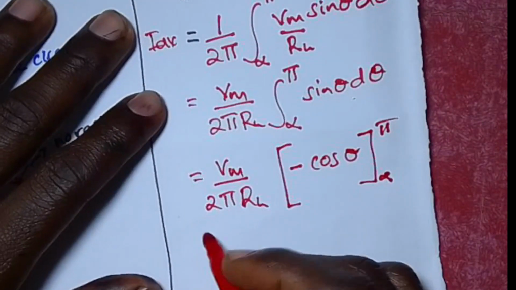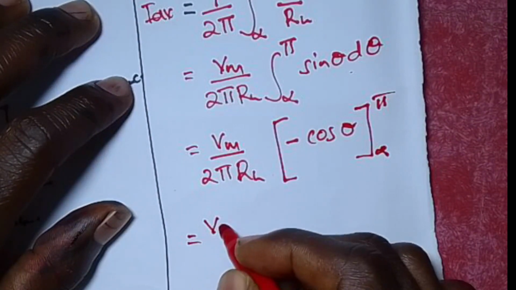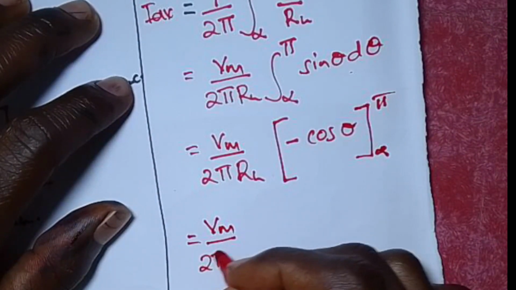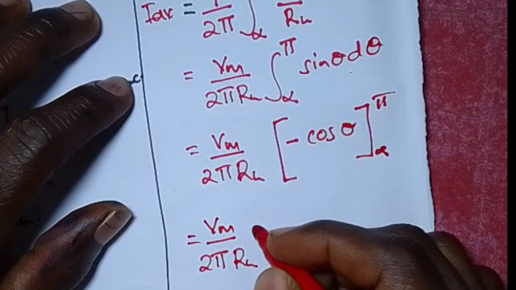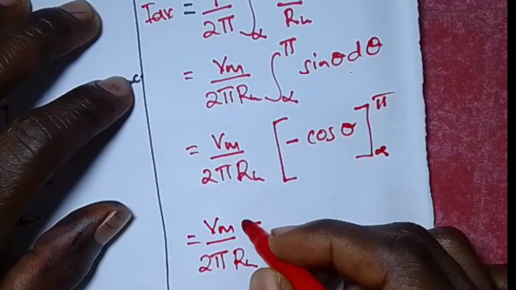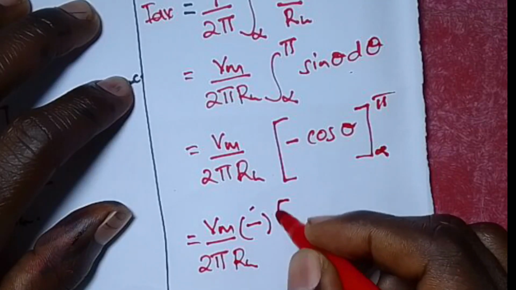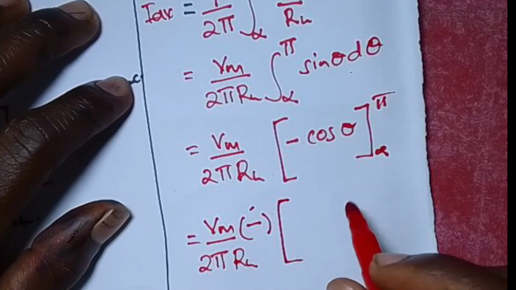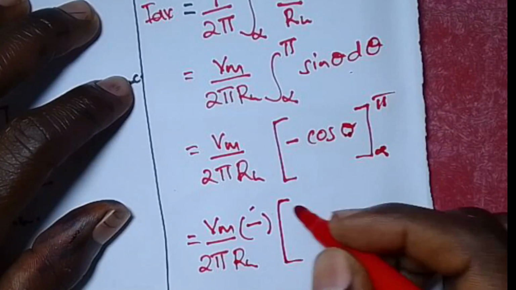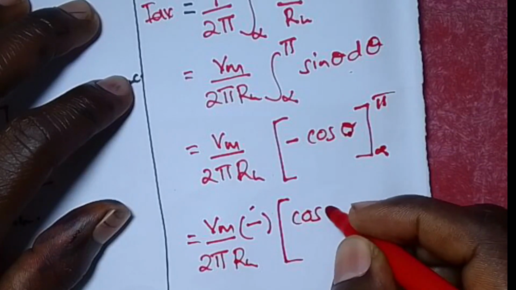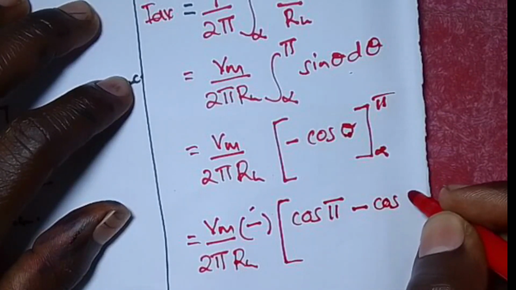Now putting this into the equation, we shall have Vm over 2 pi RL. Now this negative, we can first of all pull it out. I've pulled out that negative, and I'm remaining with a bracket of cos of pi minus cos of alpha.